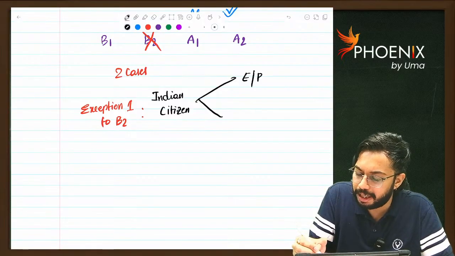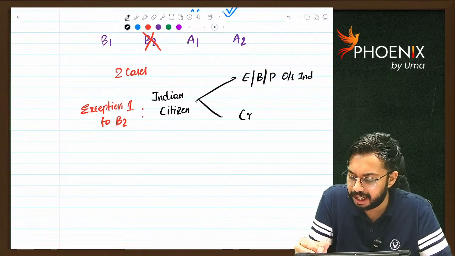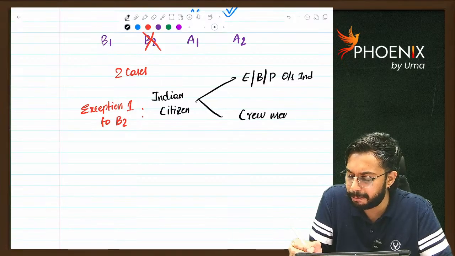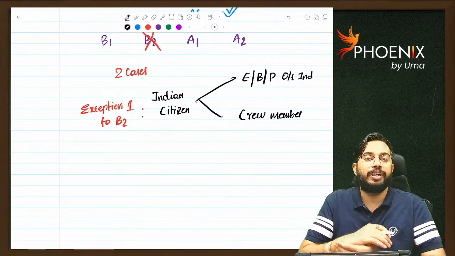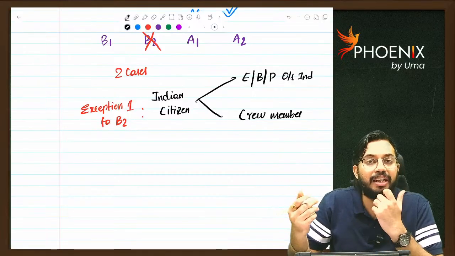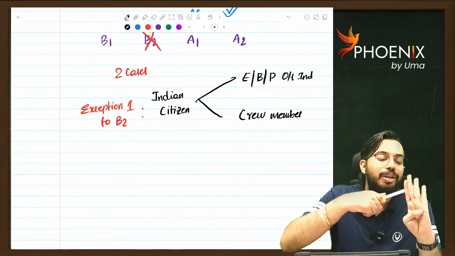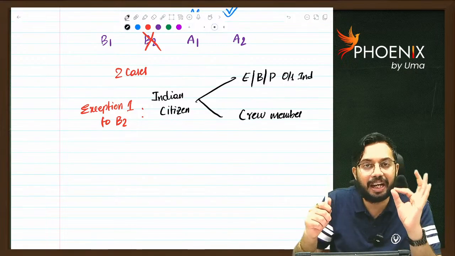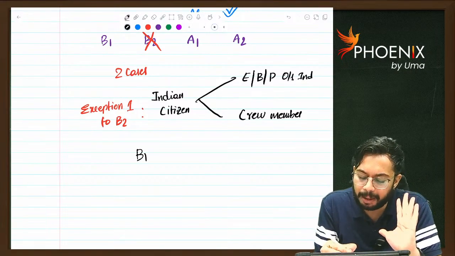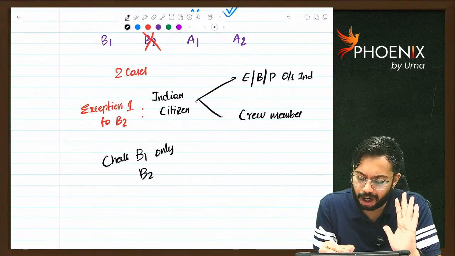For employment, or business, or profession outside India, or he is leaving India as a crew member of a ship. So in these four cases, for an Indian citizen, we will check B1 only. B2 is not applicable.